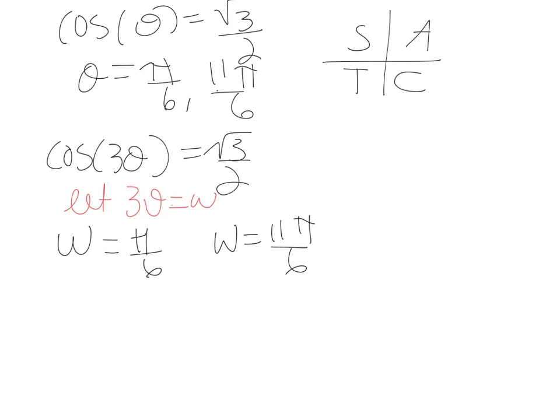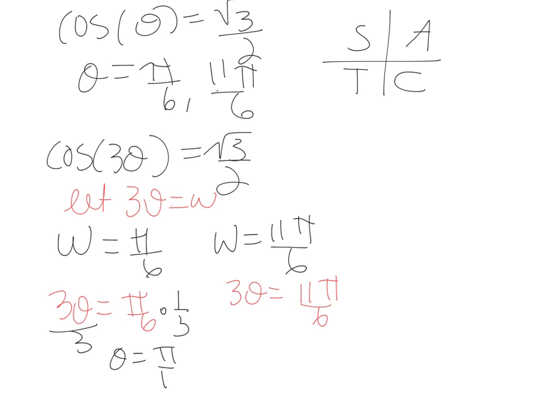But remember, 3 theta was W. So I divide both sides by 3, and I get theta equals pi over 18, and theta equals 11 pi over 18. Okay, so I've got my first two answers.